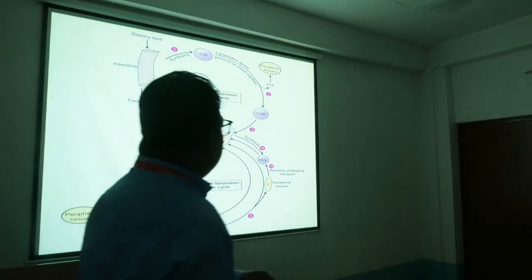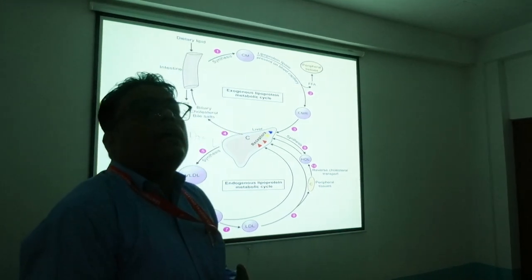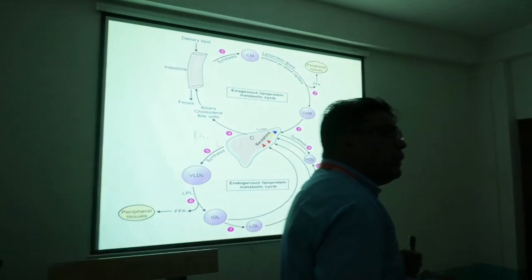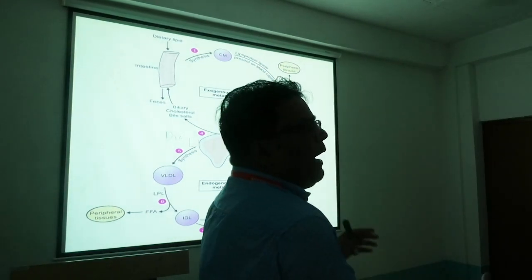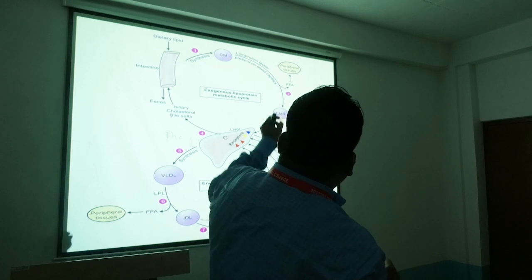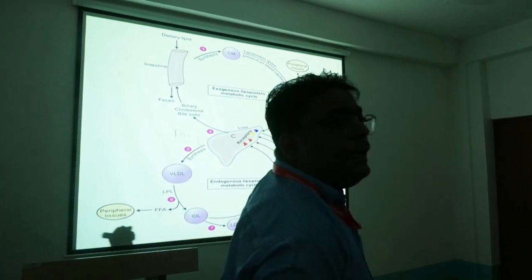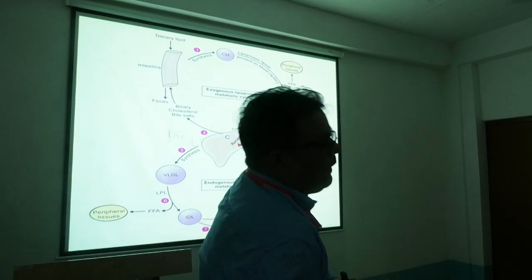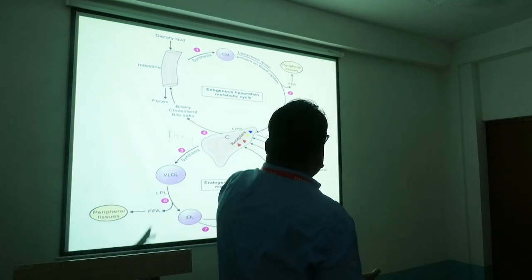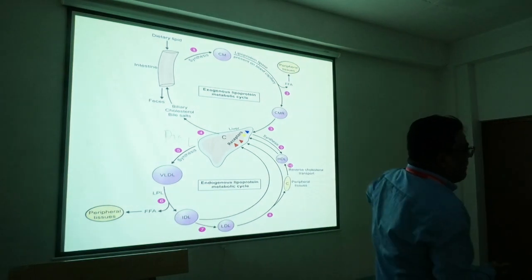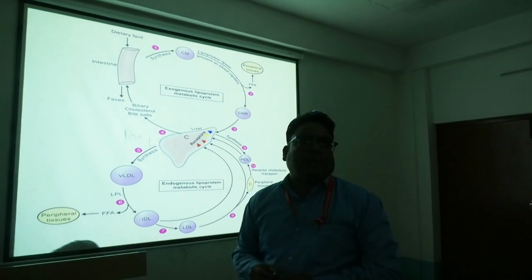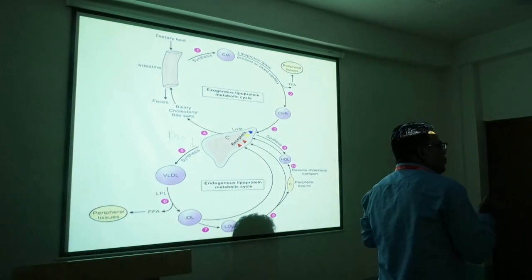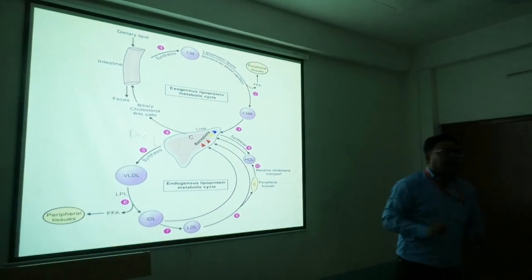Now in the second step, there is absorption and it comes to the blood, and this blood goes to the capillaries where lipoprotein lipase is present, which converts this chylomicron molecule, triglyceride molecule, up to free fatty acid. So these free fatty acids go to the peripheral tissues. Peripheral tissues means extrahepatic tissues: adipose tissues, muscles, renal medulla.